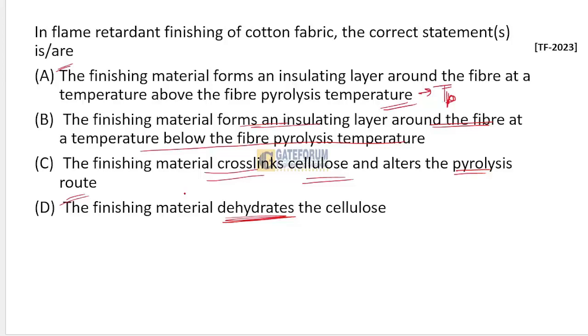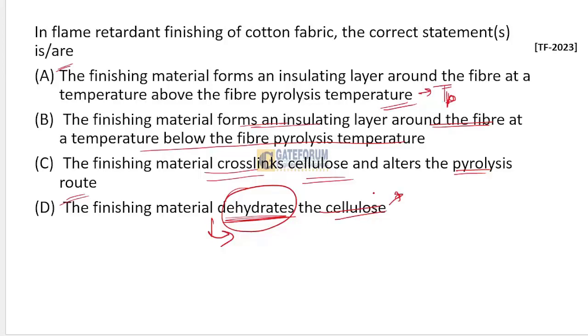Why? To prevent the fabric from further burning. It can also cross-link and alter the pyrolysis route, so as to improve the fabric's resistance to ignition, means it should not catch fire and the flame should not spread around. Also during this process the dehydration of the cellulose occurs, means the cellulose gets dehydrated into different components, and this is the exact mechanism.